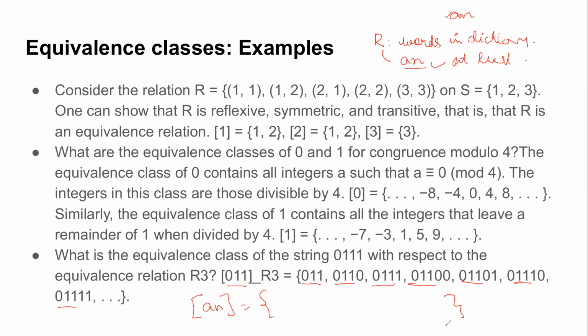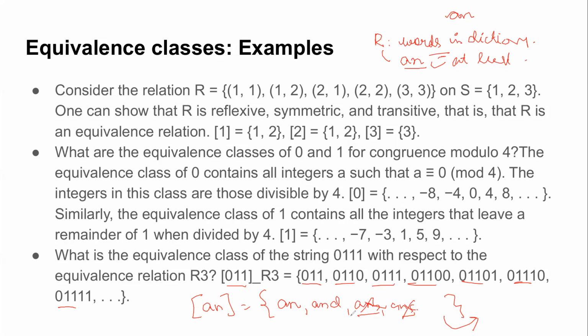The relation is either they are equal or the first 2 letters are the same, right? What would be the possible elements of your equivalence class? AN would be there for sure, and then anything starting with AN. Why wouldn't ANBNC be there? Since I said words in a dictionary, they should also have some meaning.